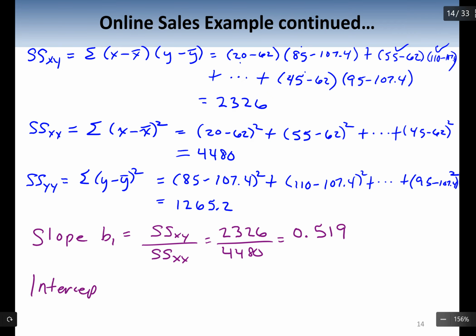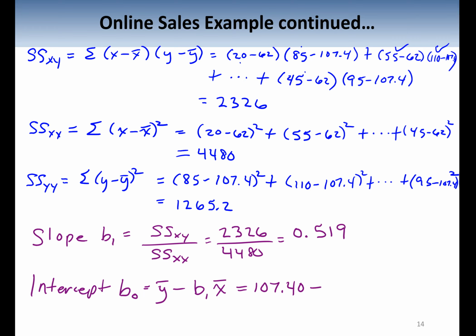Intercept, B naught, is the average y, subtract our slope B1, multiplied by our average x. So we know this one now. The average sales was $107.40. Subtract our slope, 0.519.